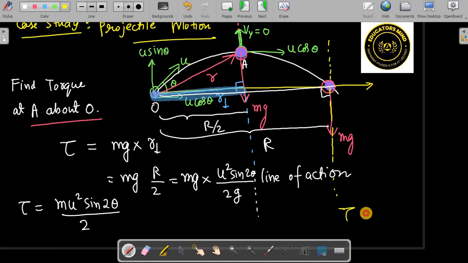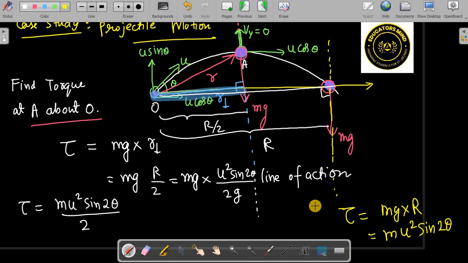So if you calculate torque at this point, it is force into range, so it will be just 2 times, m u square sine 2 theta. Correct? This is how you can calculate. This is one example of a case study in projectile motion.